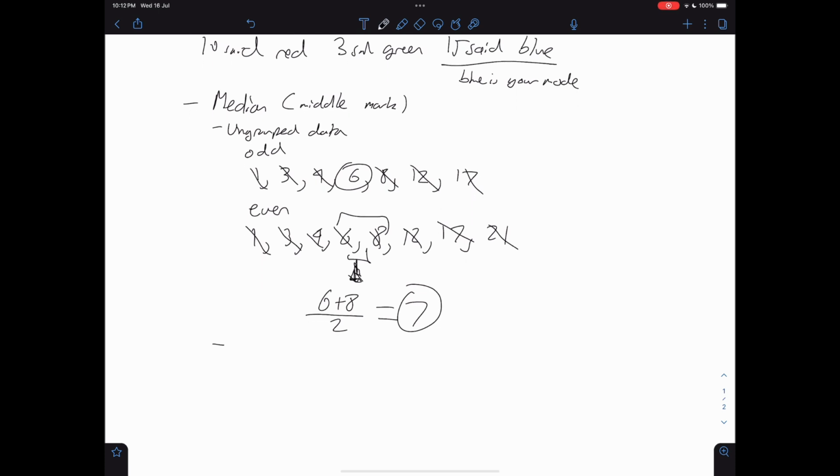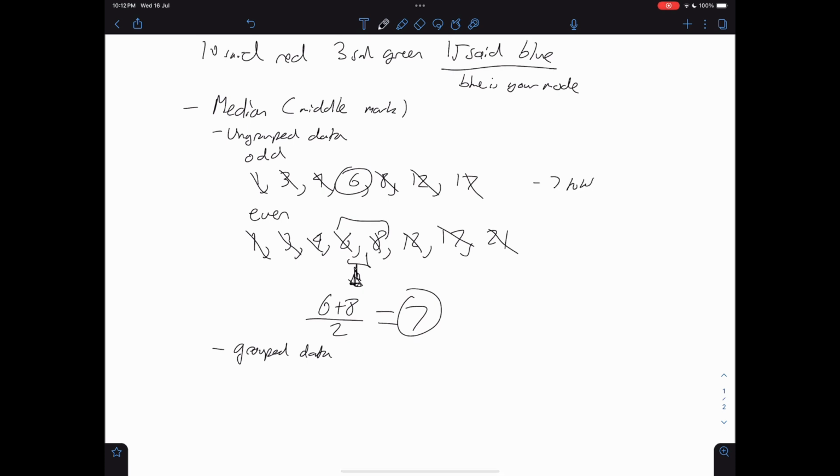Now if we had grouped data, I'll just say that for ungrouped data, if you notice, we have 7 total values, and the median was at the 4th number, and here we had 8 total values, and the median was at the 4.5th number, if you like.